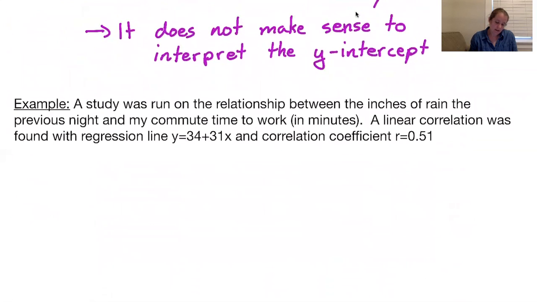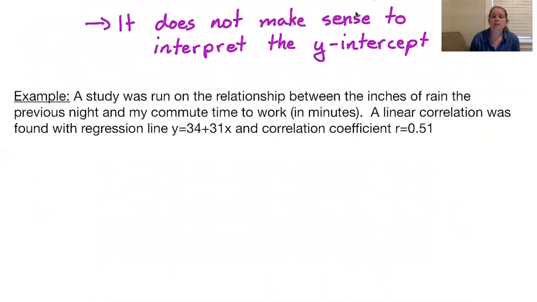All right, next up, a study was run on the relationship between the inches of rain the previous night and my commute to work in minutes. A linear correlation was found with regression line y equals 34 plus 31x and correlation coefficient r equals 0.51. So again, we do have a linear correlation.